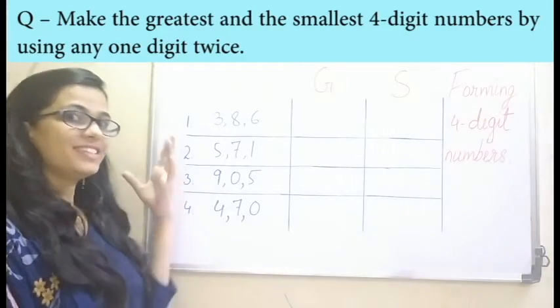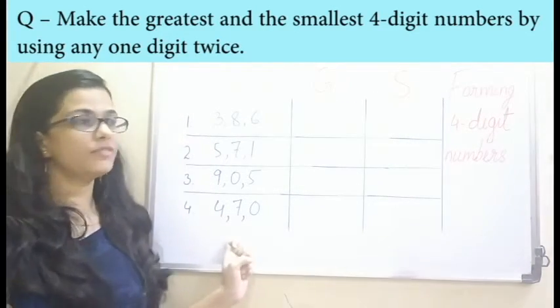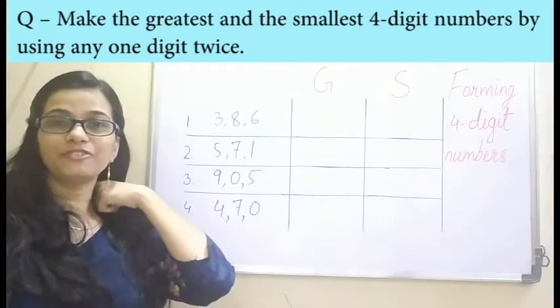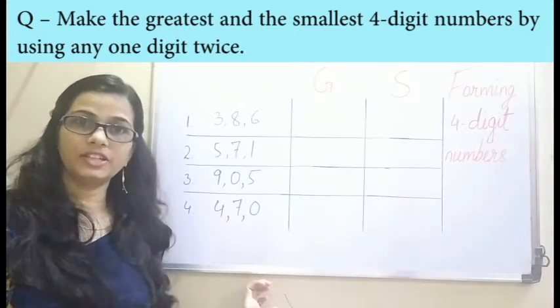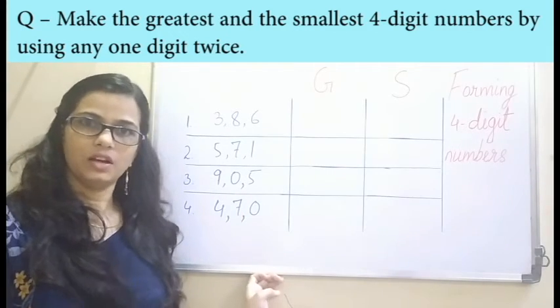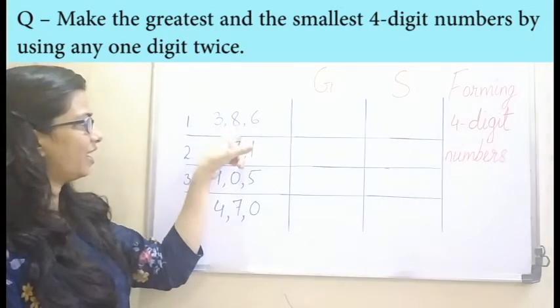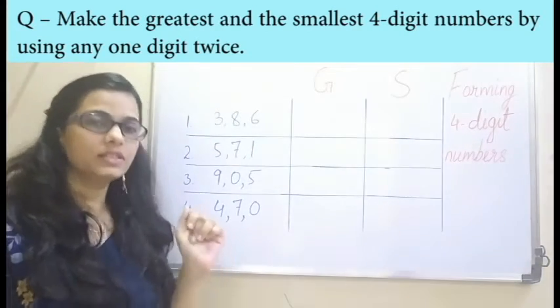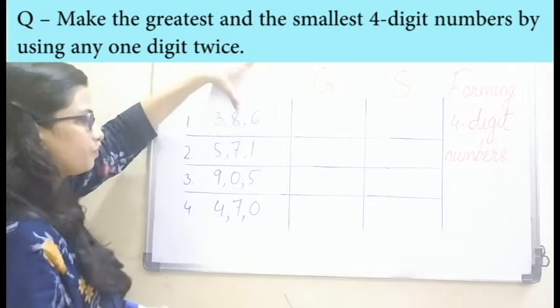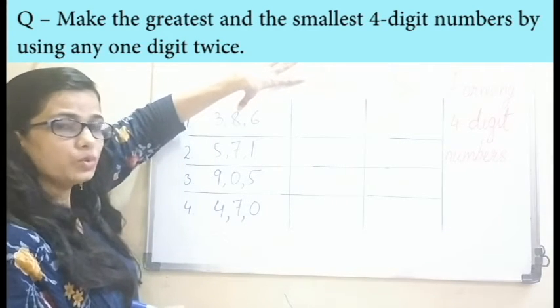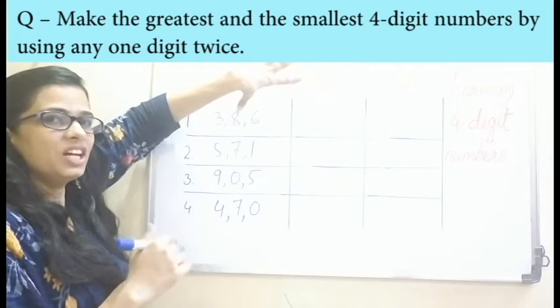Here we have the next set of digits given and we have to form 4-digit numbers, but we have to repeat any one of the digits twice. How do we do that? In the first one we have 3, 8 and 6 as the digits given. For forming the greatest number, we use the greatest digit twice.